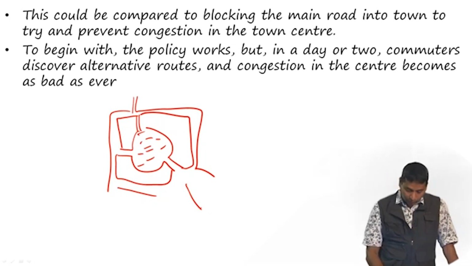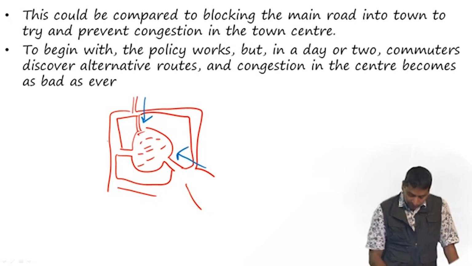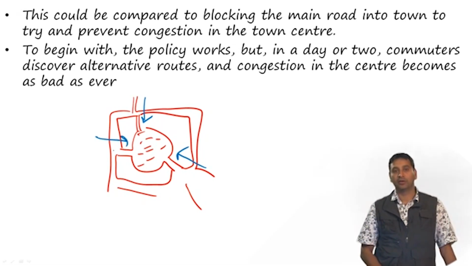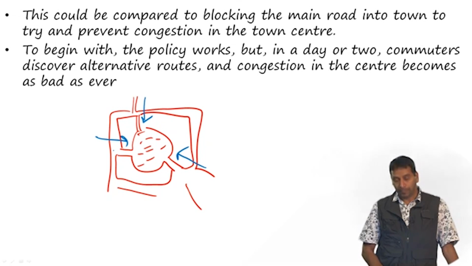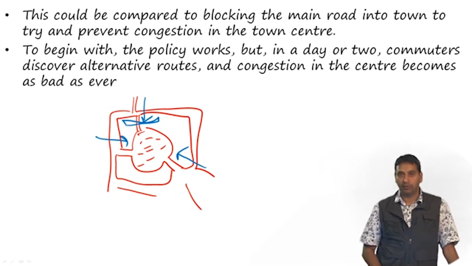So, you can enter the town center from here, or from here, or from here. If you want to reduce vehicular traffic in this area, what you would do is put a barrier over here, for example.